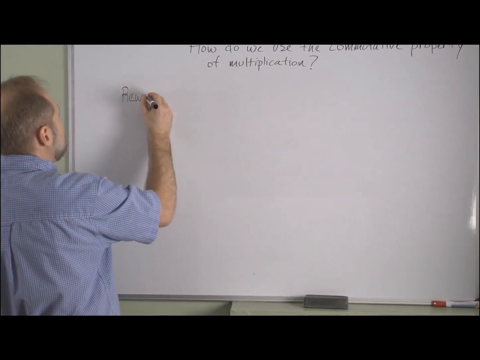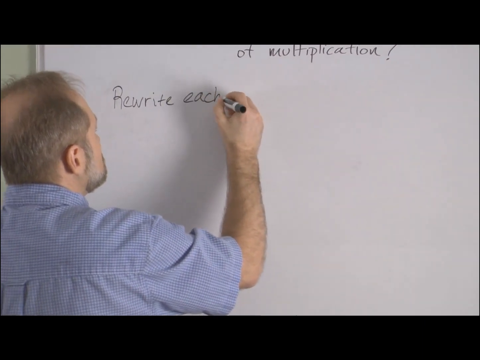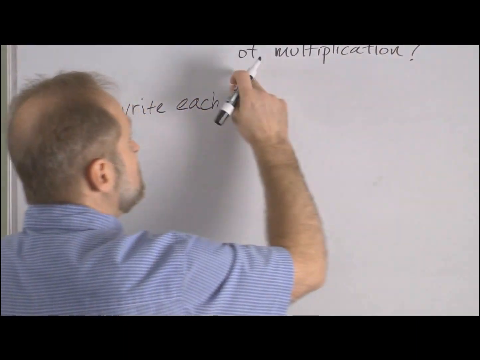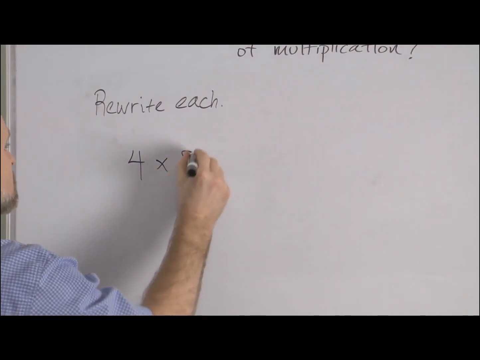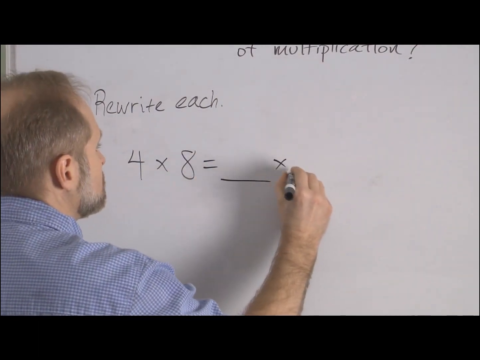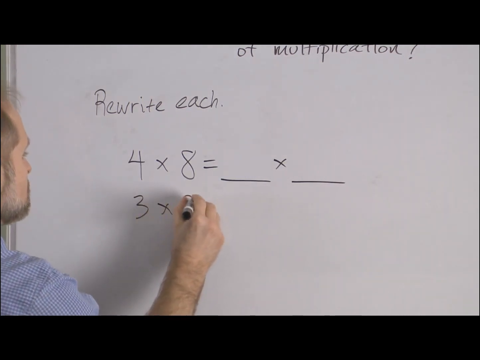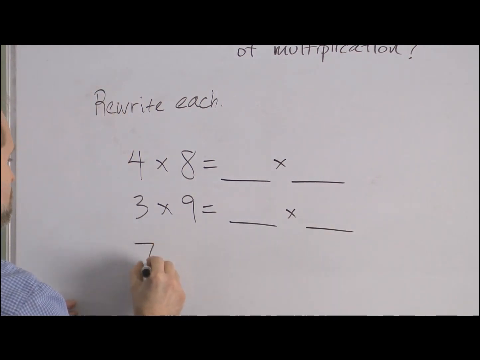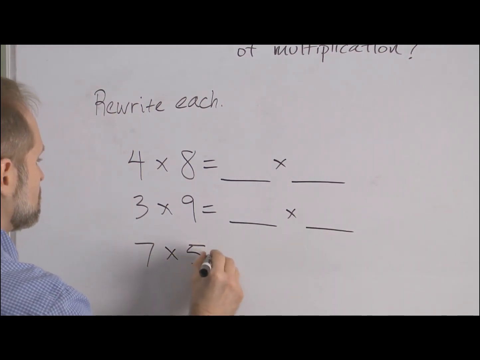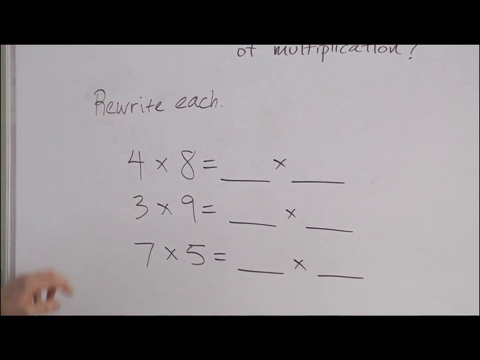We want to rewrite each using our commutative property of multiplication. Let's do the first one together.